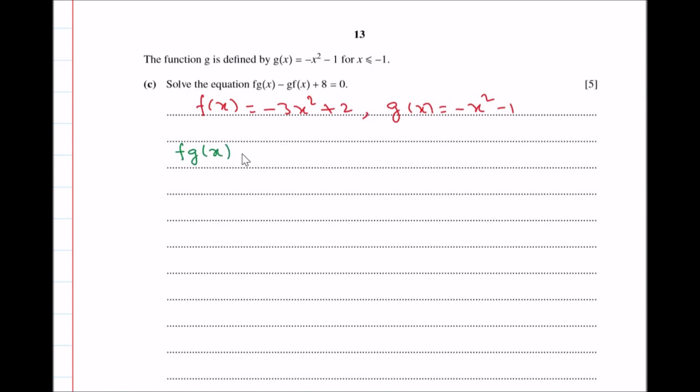So f(g(x)) means we put g(x) in f(x). g(x) is minus x square minus 1. So in place of x, we put minus x square minus 1 in function f. So if we are substituting, we get minus 3, and for x we write minus x square minus 1, and there is a square here, so put a square. Then plus 2.